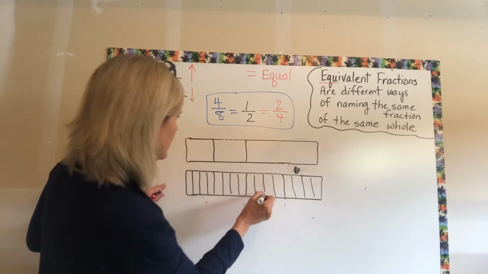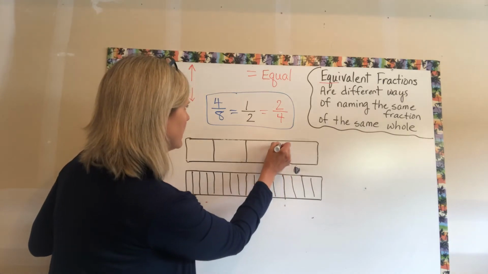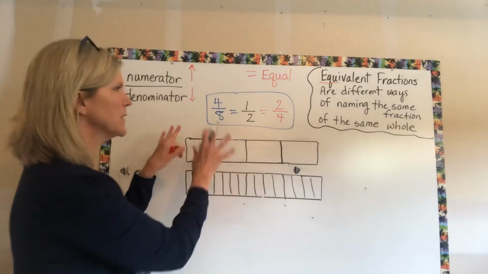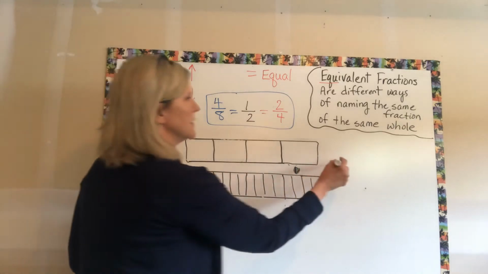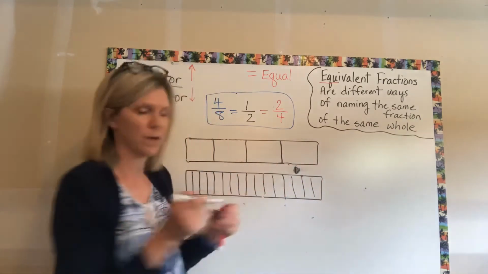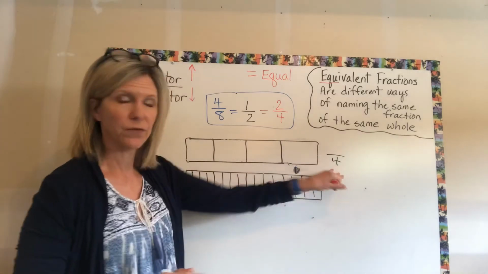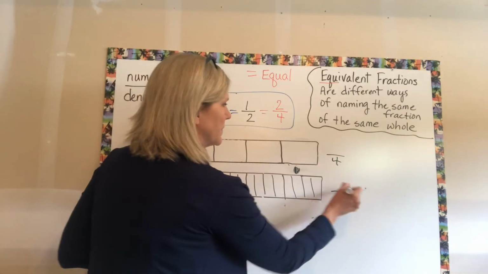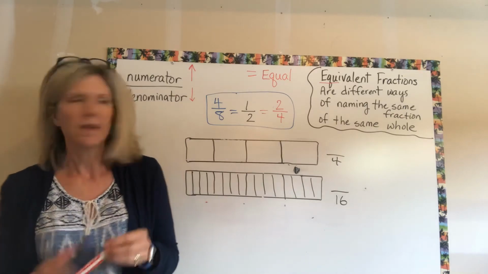Okay, I want to make them the same. So now this one's divided into 4ths. This one's divided into 16ths. The denominator here is 4ths, and this one is divided into 16ths.